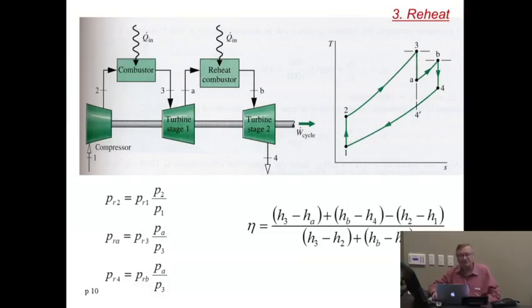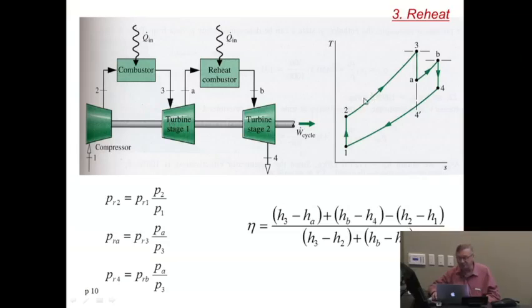But once again, T3 is really limited by the metallurgy, so you would like to have T3 as hot as you possibly can get, 3000 degrees Kelvin or something, but there's no material on Earth that will maintain these temperatures without burning up. So you have a limited T3.